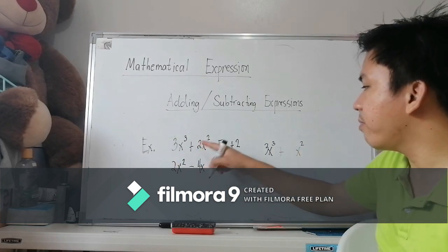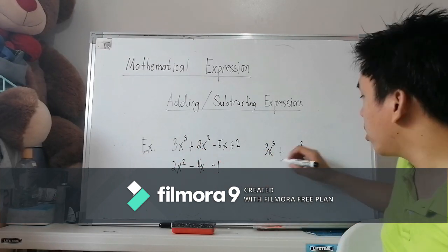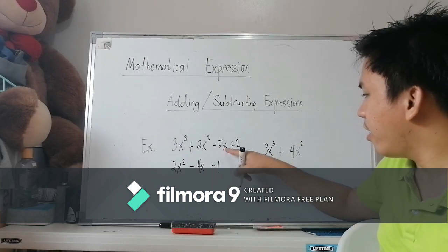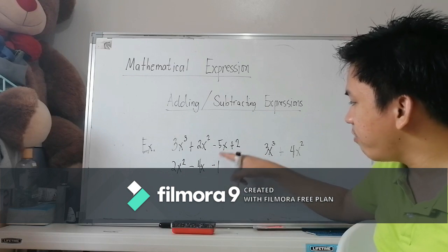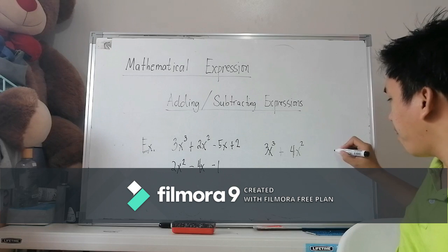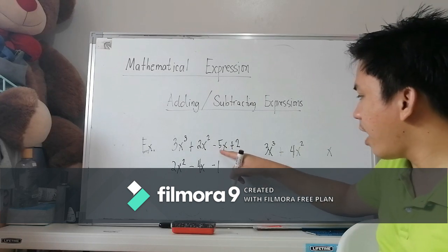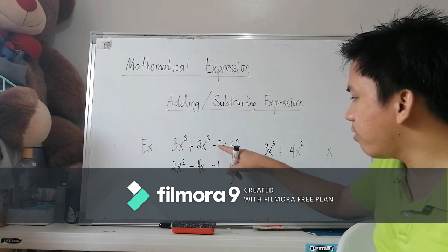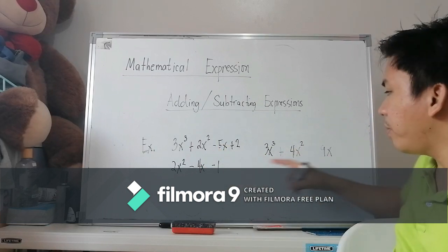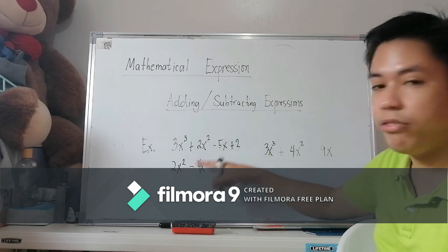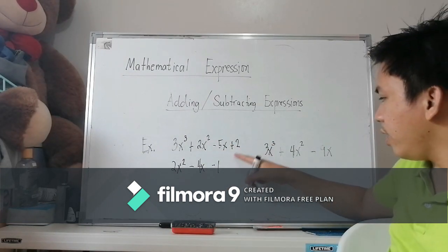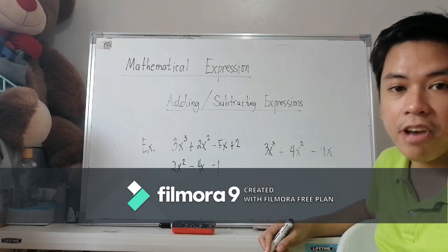Since they have the same sign, you have to add the coefficients to get 4. This one, you have to check they have the same variable x and they have the same exponent, so you have to copy that. And they have the same sign, negative and negative, so you have to add these and you get 9. So copy their common sign. So negative 9x.